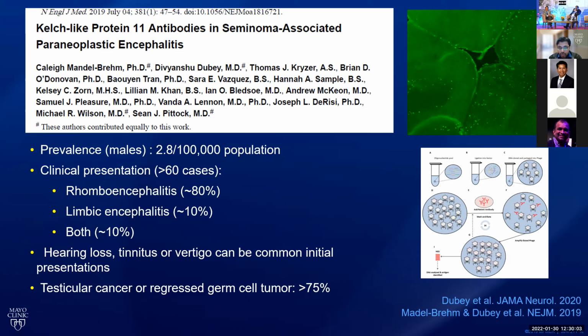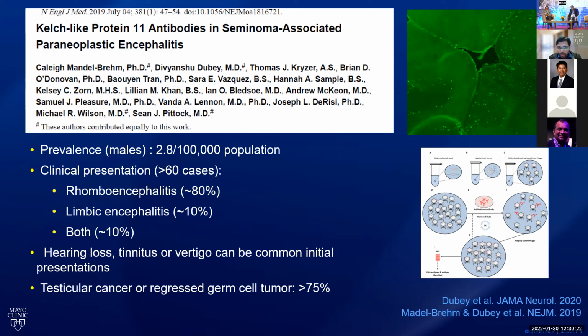The clinical phenotype most commonly is rhombencephalitis, brainstem predominant presentations, or rapidly progressive cerebral ataxia with coexisting brainstem involvement. Some of the cases can also have limbic encephalitis, or both limbic encephalitis and brainstem.